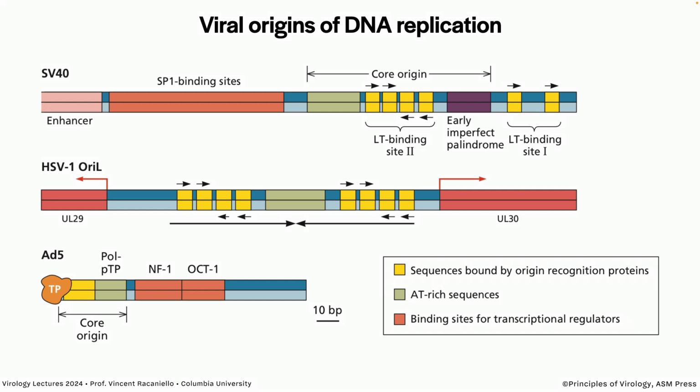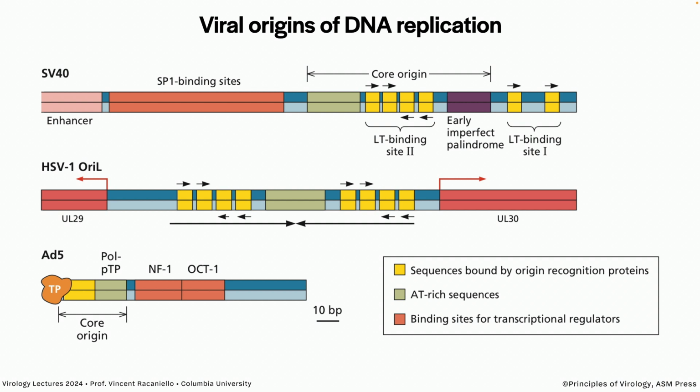Here are some comparisons of 3: SV40, herpes, and adenovirus. So in SV40, we have large T binding sites, as you can see. Those are the yellow colors, sequences bound by origin recognition proteins.